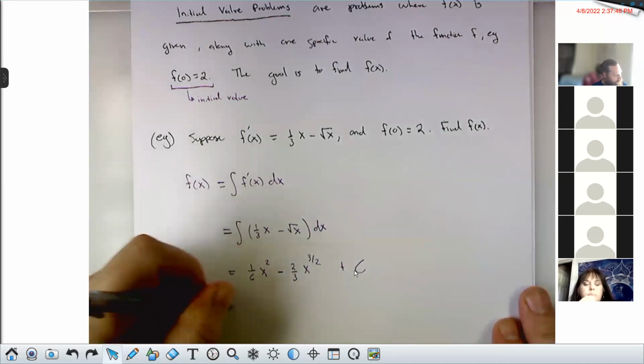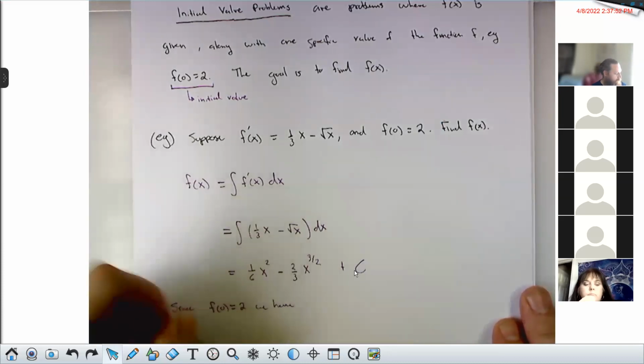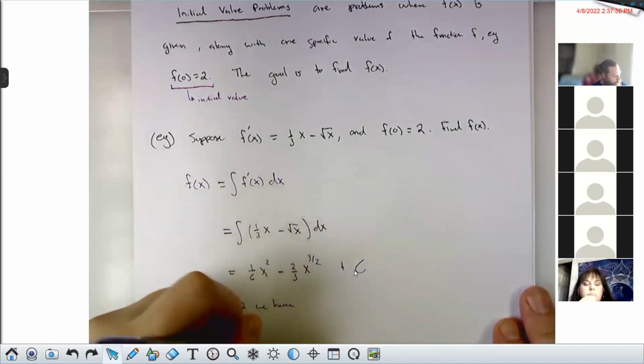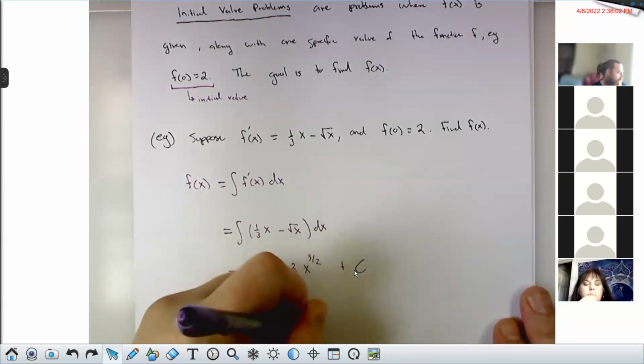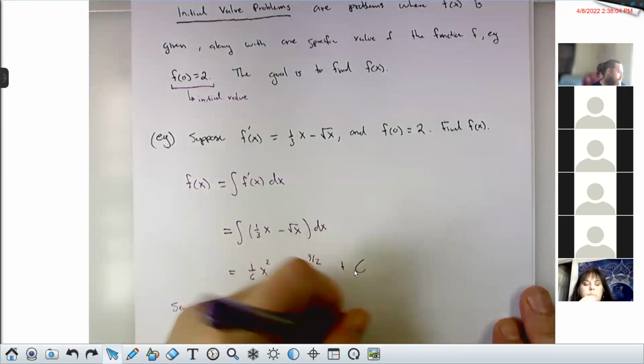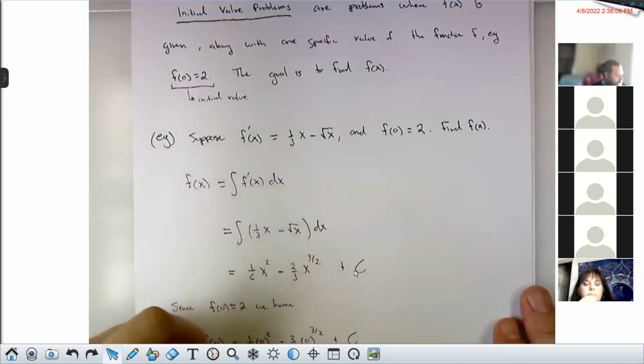Since f of 0 is equal to 2, we have f of 0 equals 1/6 times 0 squared minus 2/3 times 0 to the 3/2 plus c. And we know that that is 2.